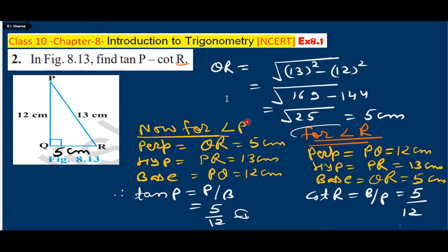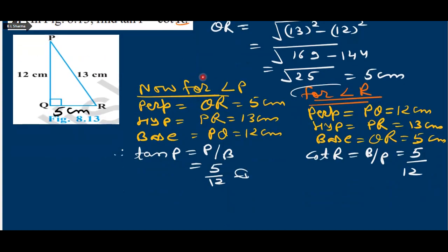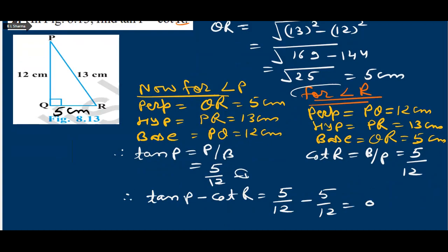Cot R is also 5 by 12. So tan P minus cot R. Therefore, tan of P minus cot of R, that is 5 by 12 minus 5 by 12, that is 0. Answer.